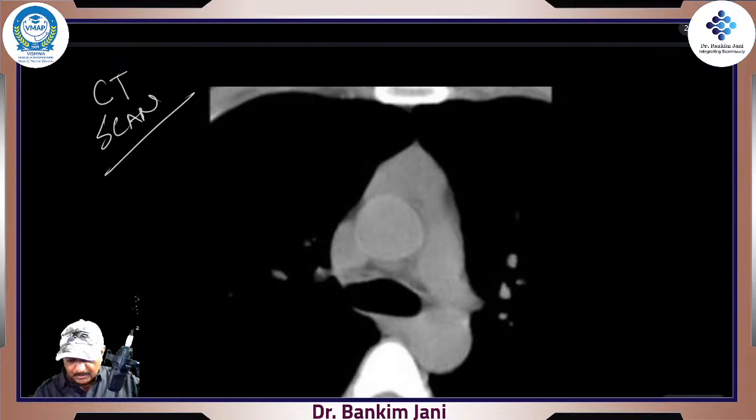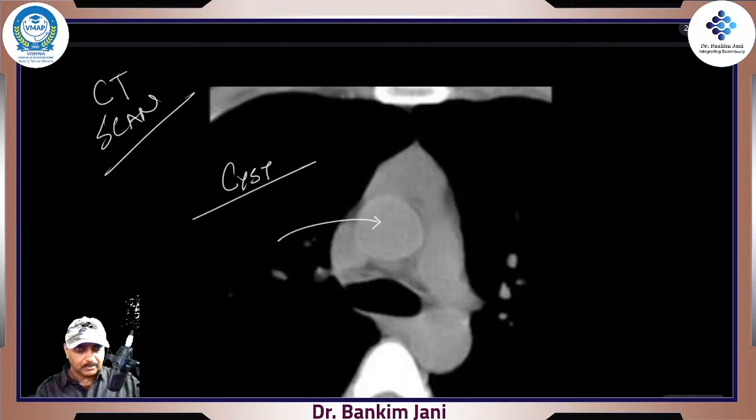Now over here, very clearly you can see that this is centrally situated, a completely well defined fluid filled structure. This is with water density. How do you know that it is water density? Because density can be measured in the CT scan. So this is a cyst. Why? Clear fluid, water density.